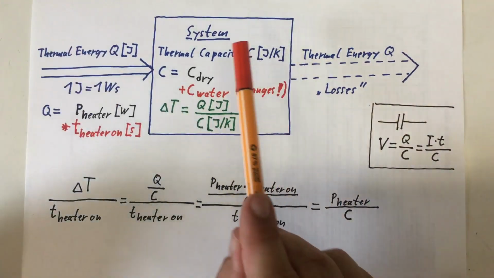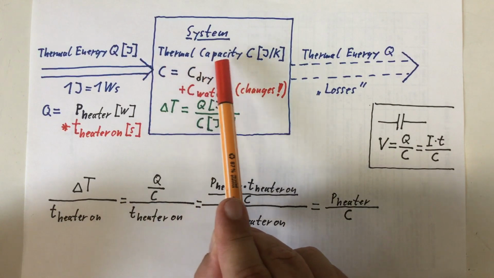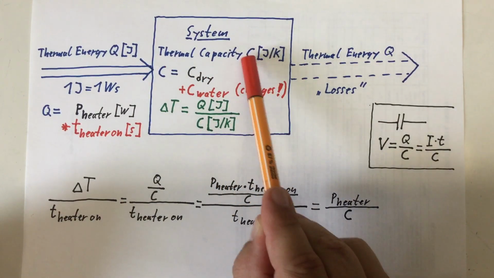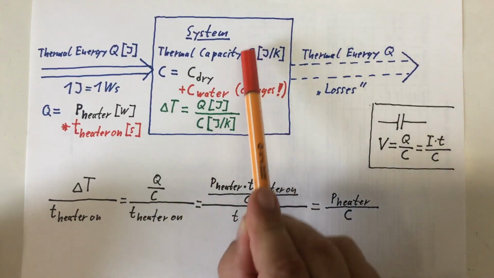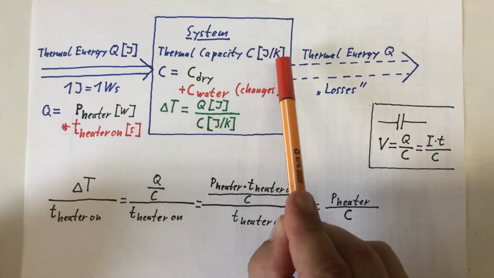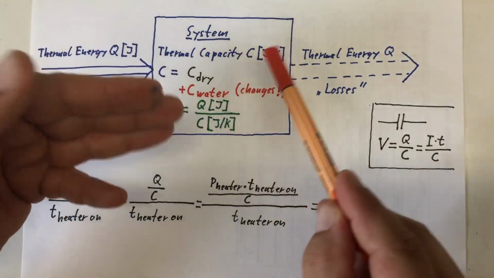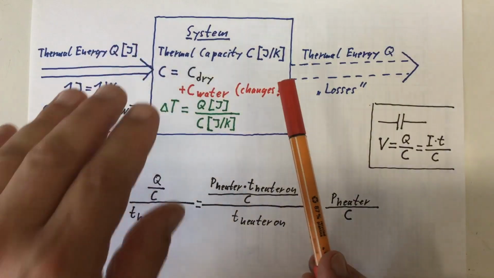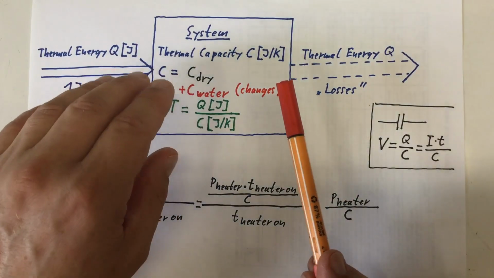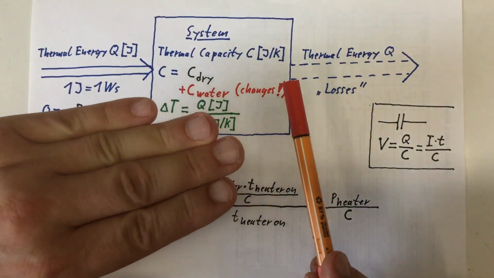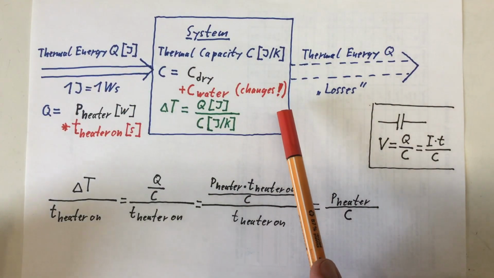First, our system has a thermal capacity, usually denominated as big C, given in joules per Kelvin. That's simply a measure for how much energy you have to put into a system to raise the temperature a certain amount.